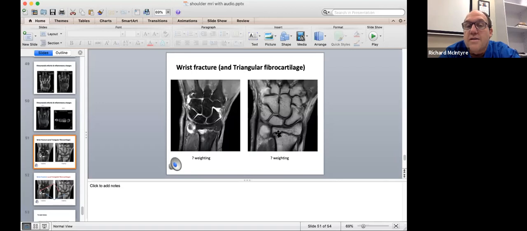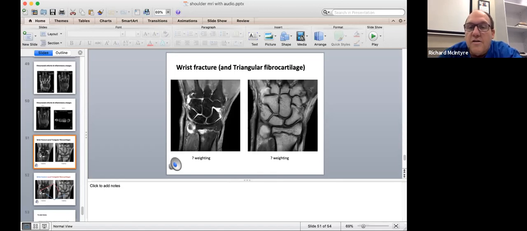Okay, so if the body sends in fluid and we do a T2 weighted scan, guess what? The fluid's bright. So we don't necessarily see the changes in the trabecular pattern as we would in a CT or an X-ray. On a T2 weighted scan, we'll see a very bright line where the fluid has been deposited or situated in a fracture.